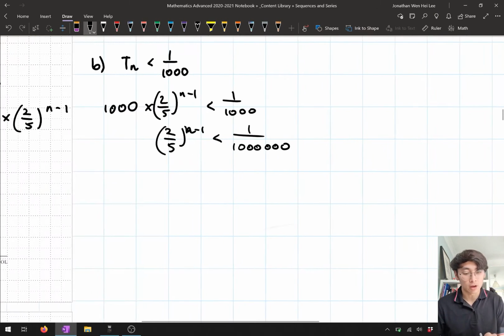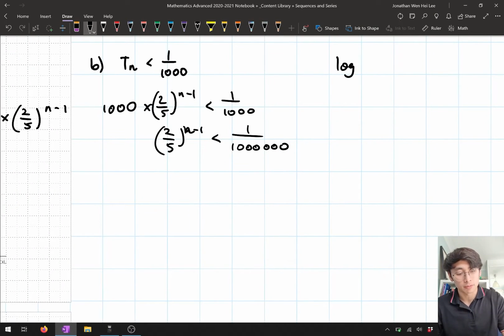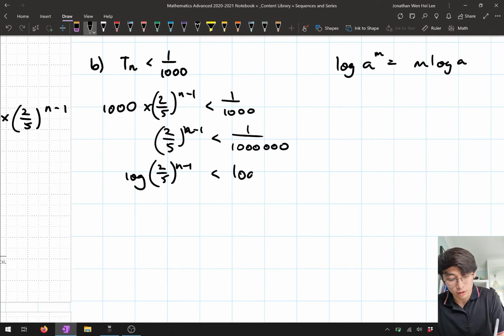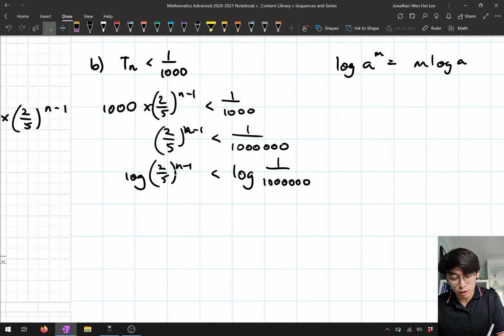Because when we take log of a power, remember, log of a power just means I bring down the power and leave the log there. So if I take log of both sides, so here log (2 over 5)^(n minus 1) is less than log 1 over 1 million. Well, this n minus 1 over here, using our log laws, we can just move this down to the front.